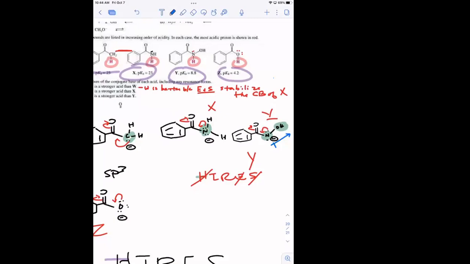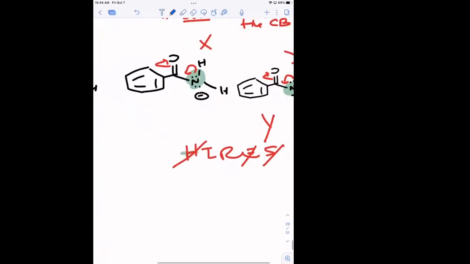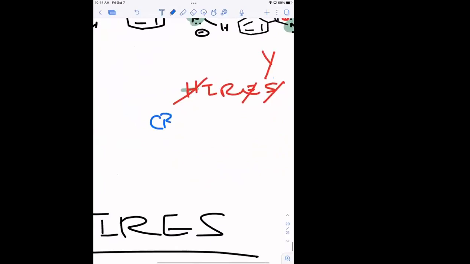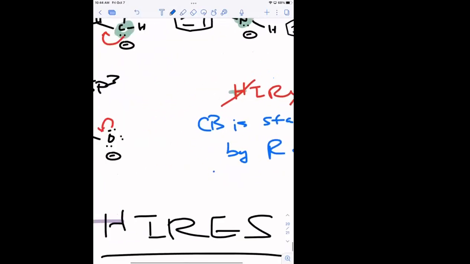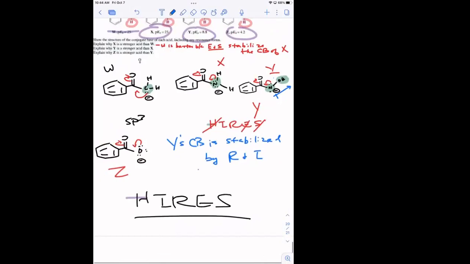It's stabilized by resonance and induction more than X. So we can say that the conjugate base is stabilized by resonance and induction. That's what you're looking at, X and Y.